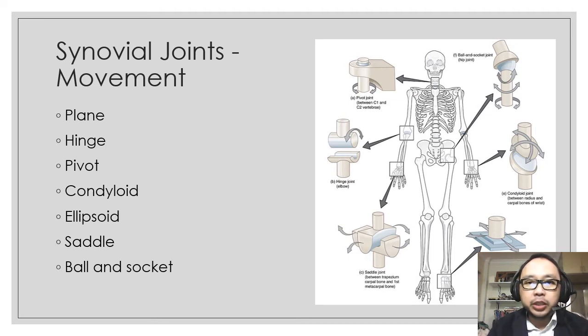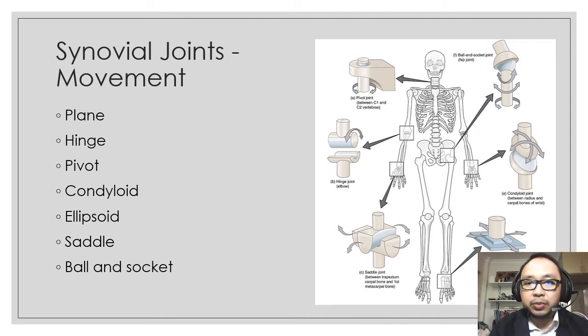Plane joints, examples of which are your sternoclavicular and acromioclavicular joints, have two ends that are almost flat and slide with one another. A hinge joint resembles a hinge on a door and permits only flexion and extension, only one plane of movement. Examples are the elbow and the ankle joints.